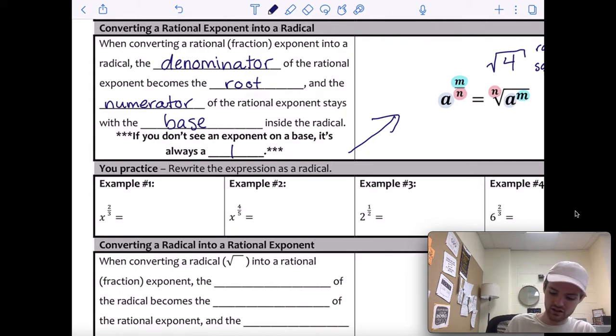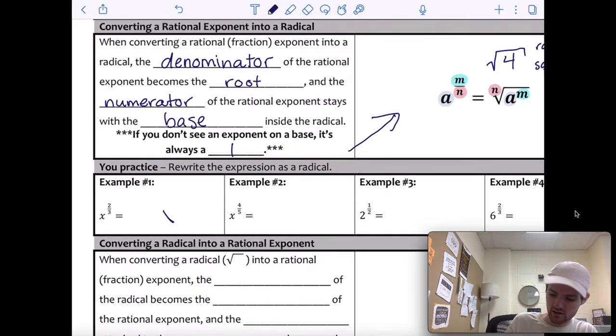Well, let's just go ahead and start by writing the base. We can just write the base with the top number as the exponent. So see, I just wrote x to the power of 2.